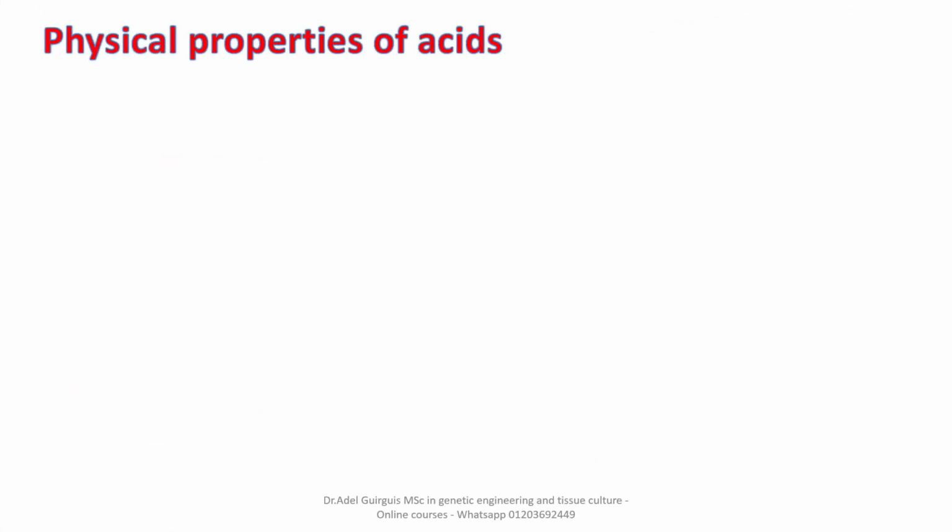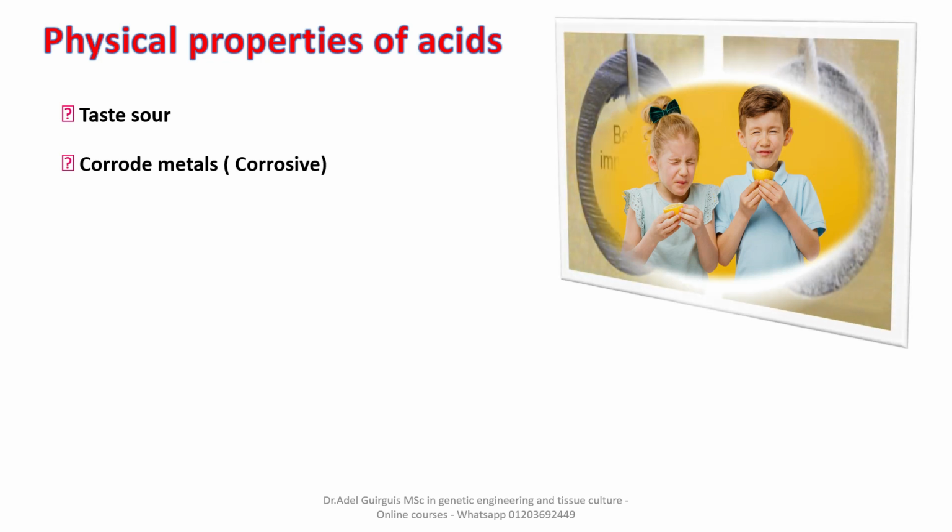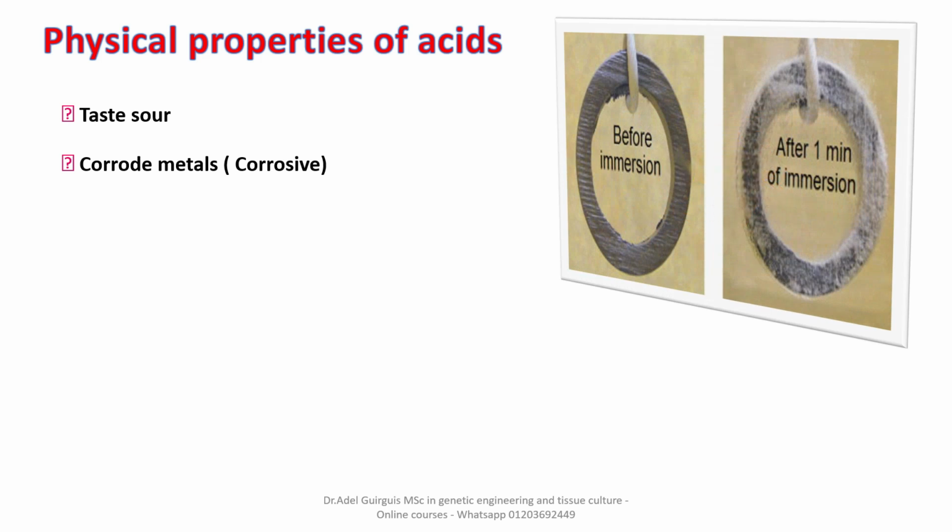Now the physical properties of acids. They have a sour taste. Look, lemon has a sour taste. They corrode metals, they have a corrosive action on metals. If we leave this ring of metal or iron inside a beaker containing sulfuric acid, it starts erosion or corrosion.